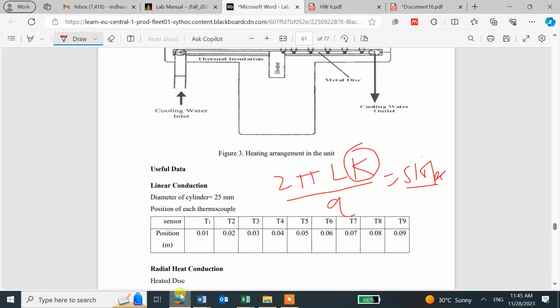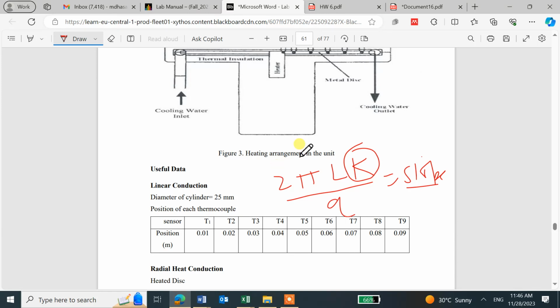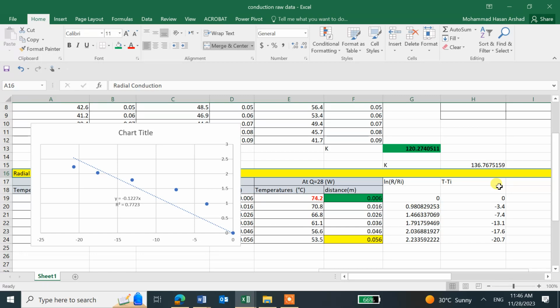So slope times Q, which is 28, divided by 2 pi, 3.14, times L, the thickness of the cylinder, 0.004. So K is slope times Q divided by 2 pi L, and that's it. I am getting 136.